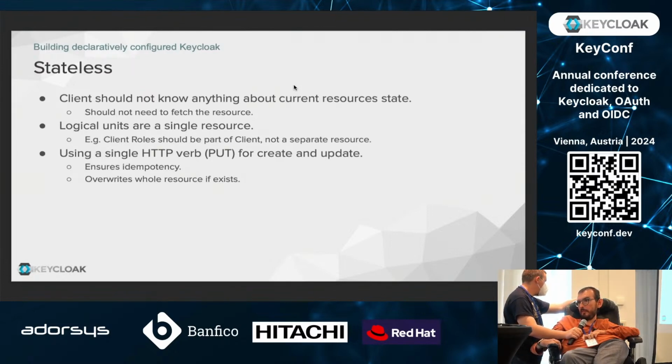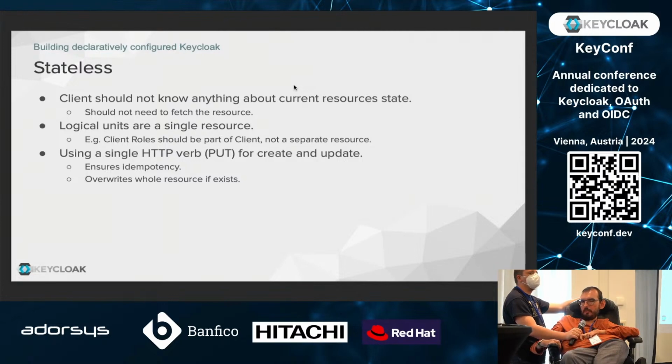The new API should obviously be stateless from the client perspective. That means that the client should not know anything about the current state, as I mentioned. It should not need to fetch the resources. For that, we need logical units, so the logical resources in Keycloak will be a single resource, like a client and client roles as an instance.